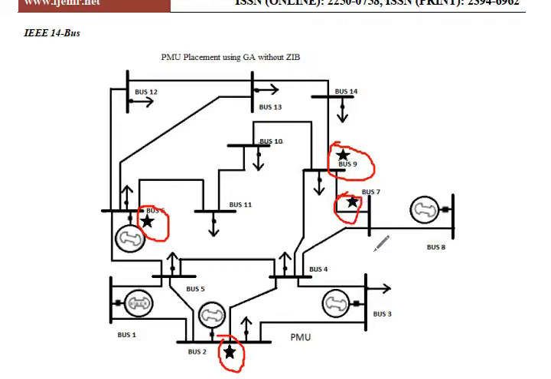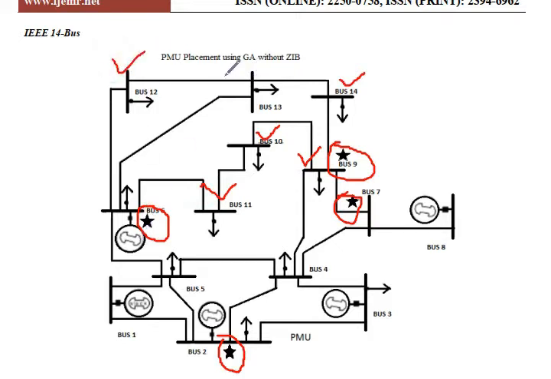So we were seeing that the bus where the PMU is placed is directly observable. So this bus is observable, and the buses connected to it are also observable. This bus is connected to this one, so it is observable. This bus is connected to this PMU bus, so it is also observable. This bus is connected to this PMU bus, so this is also observable.